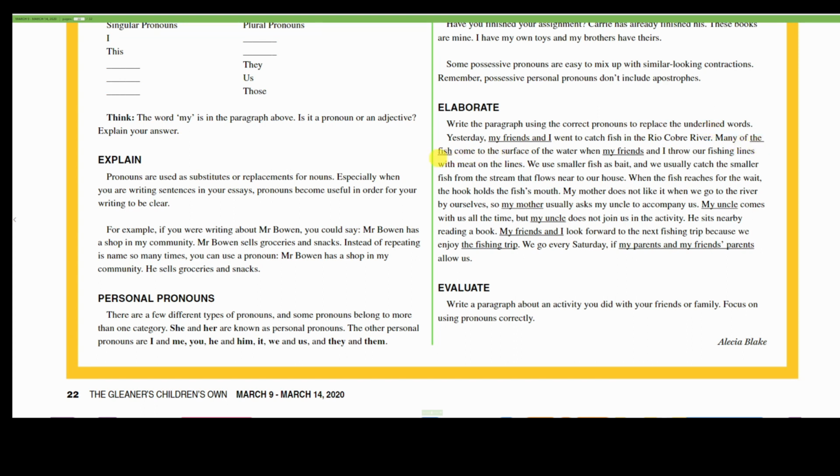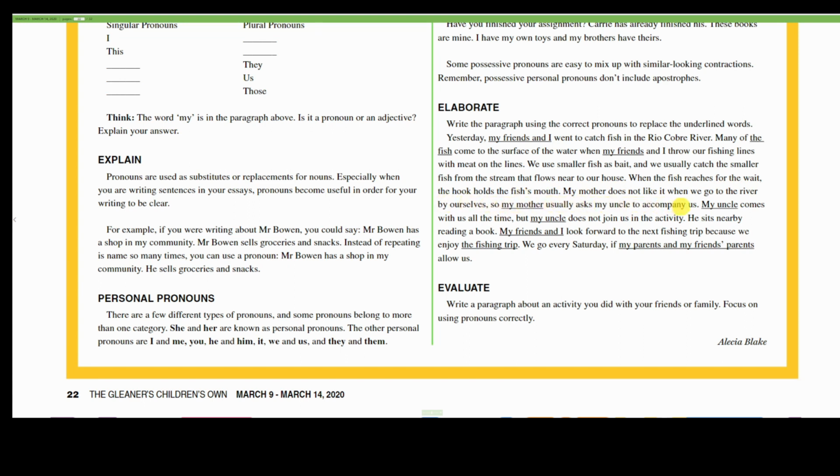Many of the fish, many of them, come to the surface of the water when my friends and I throw our fishing lines with meat on it. We use smaller fish as bait, and we usually catch the smaller fish from the stream that flows near our house. When the fish reaches for the bait, the hook holds the fish's mouth.